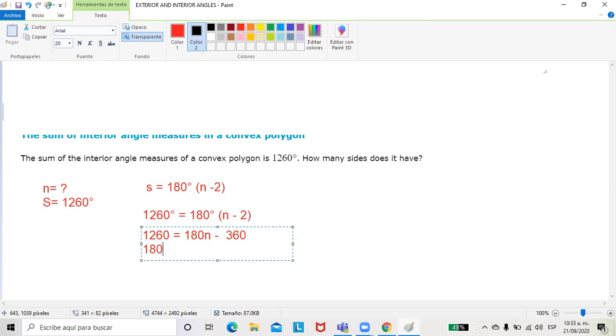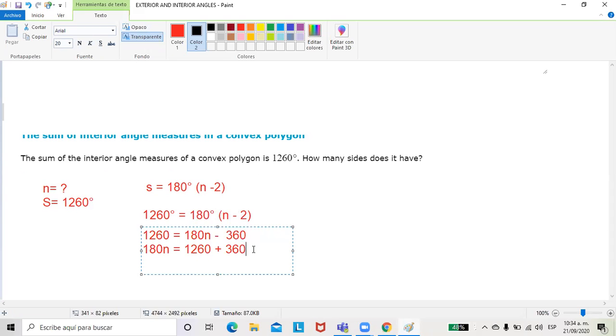Teacher, and the minus 2? The minus 2 becomes 360, because minus 2 multiplied by 180 is equal to 360.